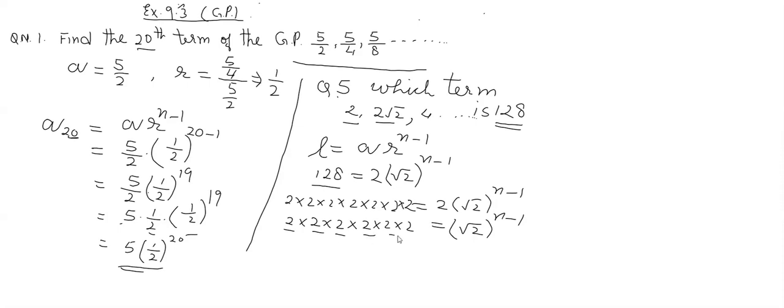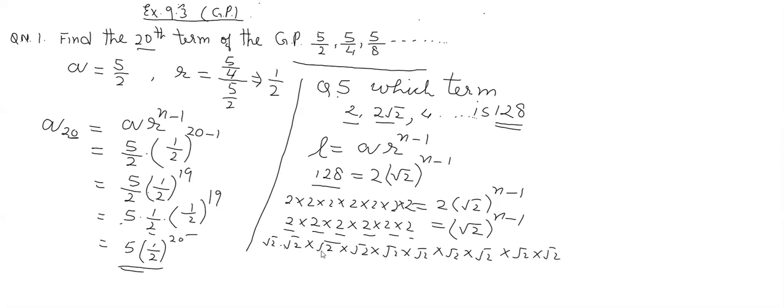These may be written like this: first 2 is root 2 into root 2, that is 2. Similarly, next 2 is root 2 into root 2, again root 2 into root 2, and so on.